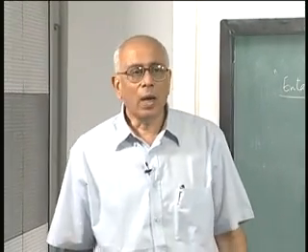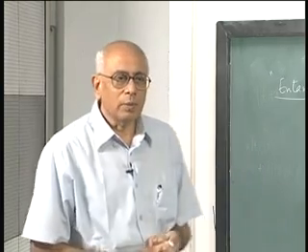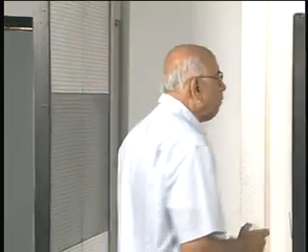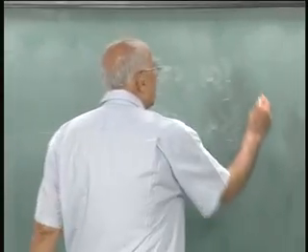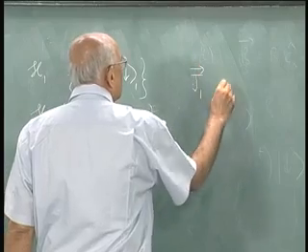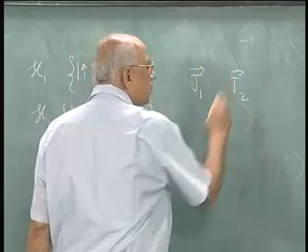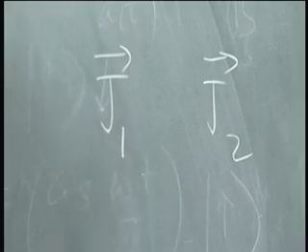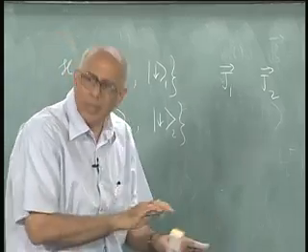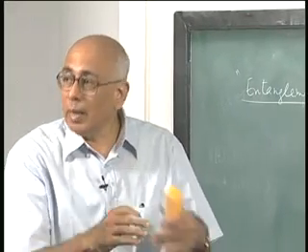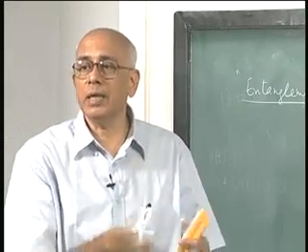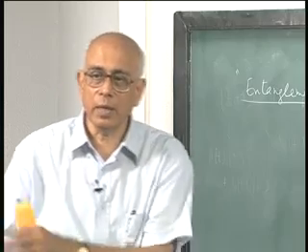We need to know how to add angular momenta in quantum mechanics. We are going to do this, but let me state the result which you have already learnt in spectroscopy. If you have 2 angular momenta J1 and J2, and they are independent of each other, the components of J1 commute with the components of J2, no problem, but among themselves the components of J1 satisfy the angular momentum algebra, and similarly for J2.